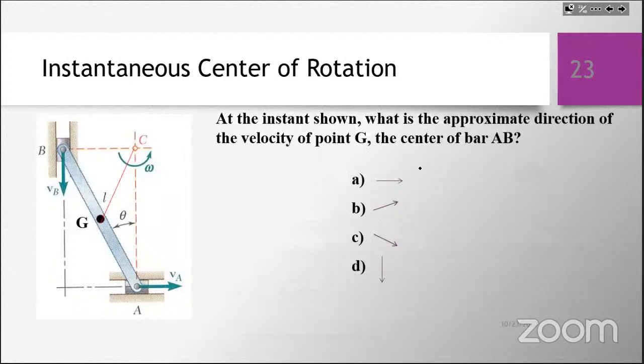So at the instant shown, what is the approximate direction of the velocity of point G at the center of my goal? What's the direction, right? Who thinks it's to the right?